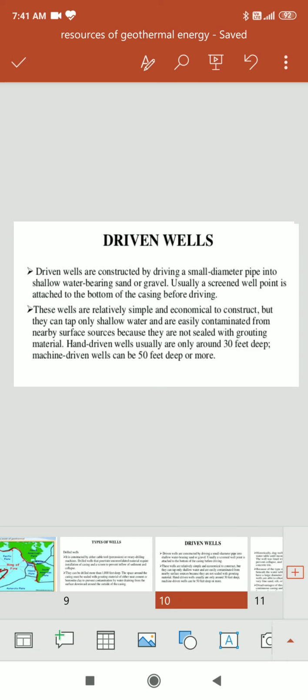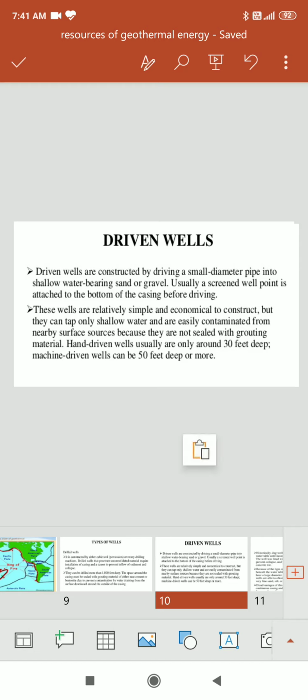Next, driven wells. This is one type of well which has a maximum limit of 50 feet deep or more. These wells are created using two methods: hand driven wells and machine driven wells.